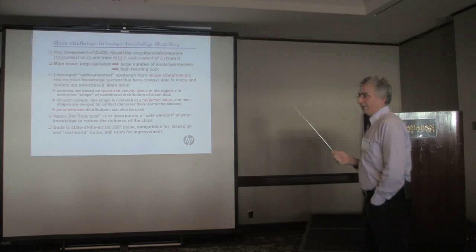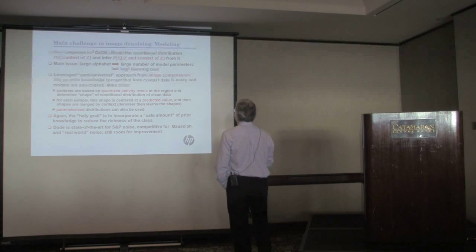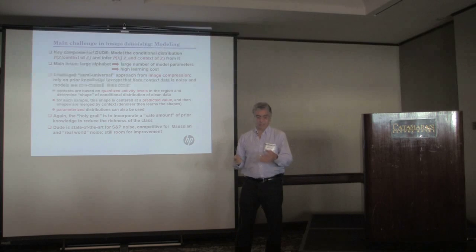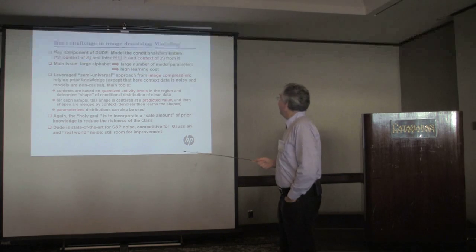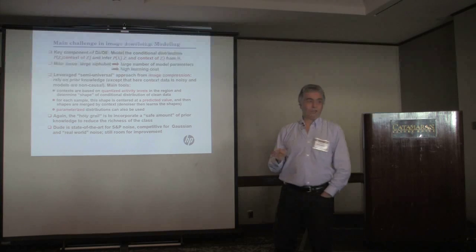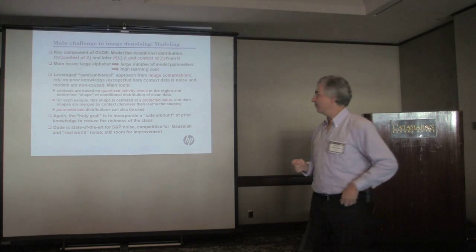The only difference with the data, and these are important differences with image compression, is that here the context data is noisy. So your context is itself noisy data. Okay? And the other one is that the models are non-causal. The causality constraint that we had in data compression, we don't have it here.